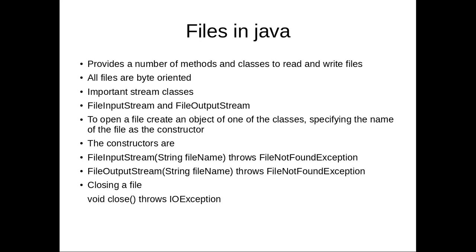And for that you have two important stream classes, which are FileInputStream and FileOutputStream. FileInputStream for reading and FileOutputStream for writing. So if you want to open a file, if you are going to read input, you have to use FileInputStream, and if you are going to write, you have to use FileOutputStream.